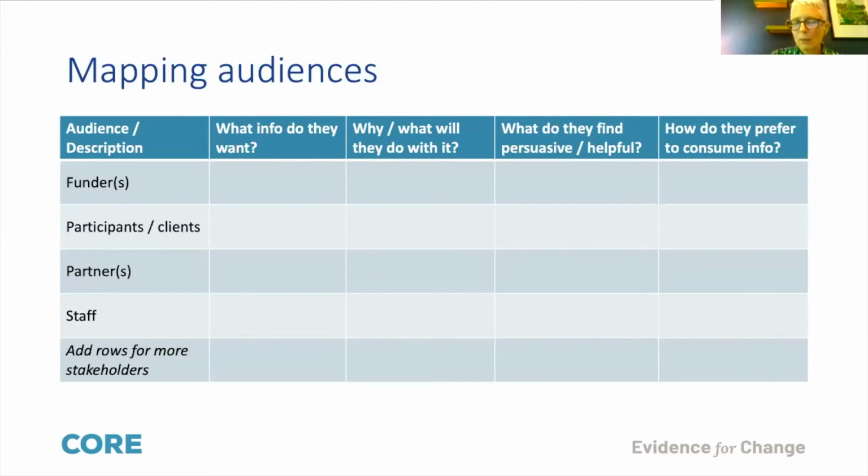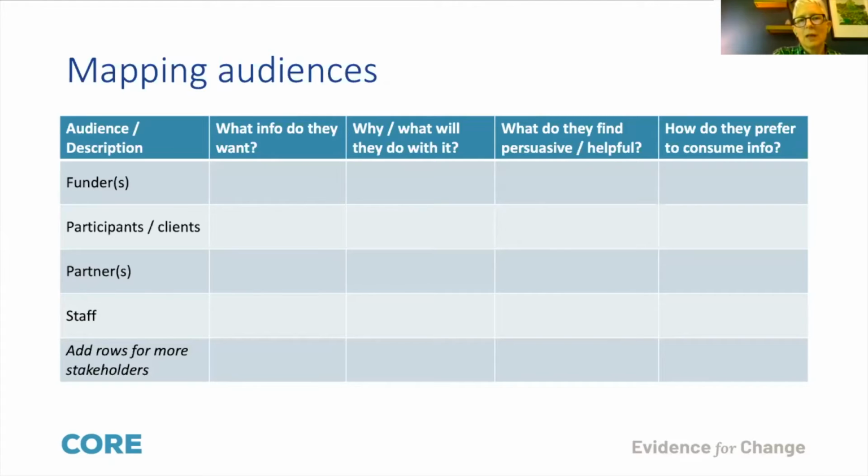Participants in your program or clients or stakeholders in a service recipient role could be there. The partners you work with to offer a program, the staff who run a program for you, all those folks are different audiences and could make different uses of data.